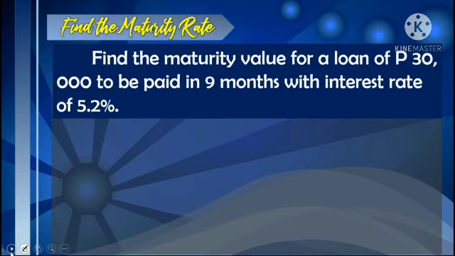Example, find the maturity value for a loan of 30,000 pesos to be paid in 9 months with an interest rate of 5.2%. Here we are looking for the maturity value given the principal value of 30,000 pesos, time which is 9 months, and to convert 9 months in terms of years, we need to rewrite this in the form of 9 over 12, where 9 represents 9 months and 12 represents 12 months.